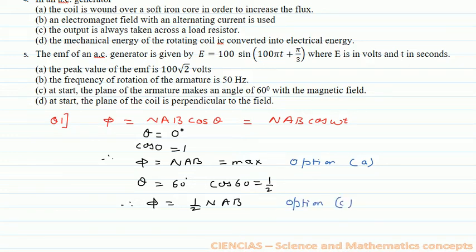And even option B is also correct. Why? Because when the plane of the coil is parallel, theta is 90 and cos 90 is 0. Therefore, flux is equal to 0. That is, option B is also correct.